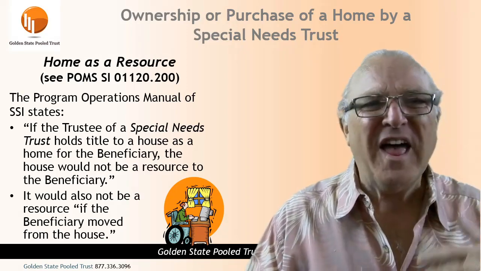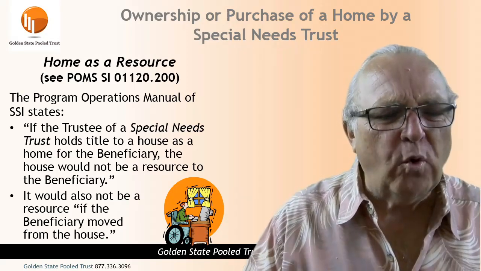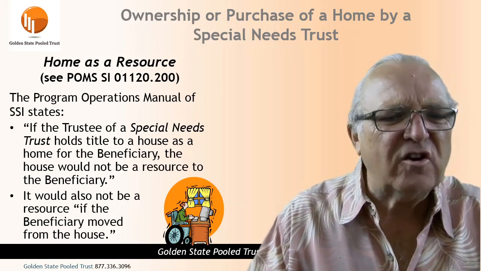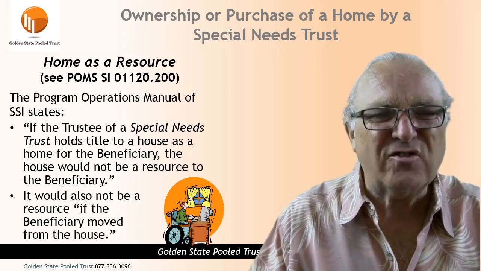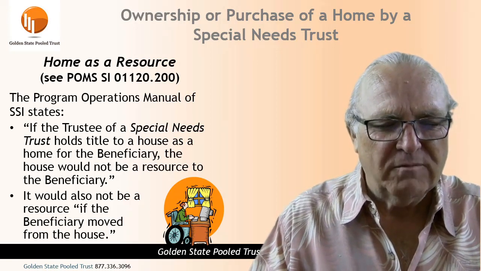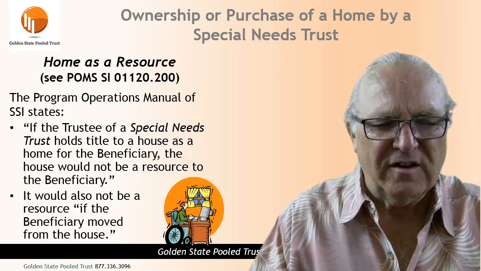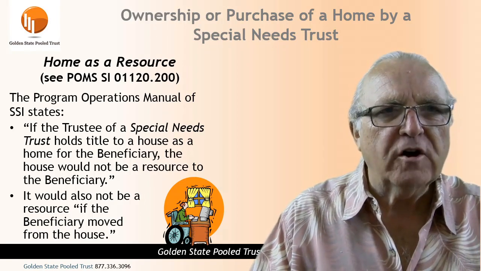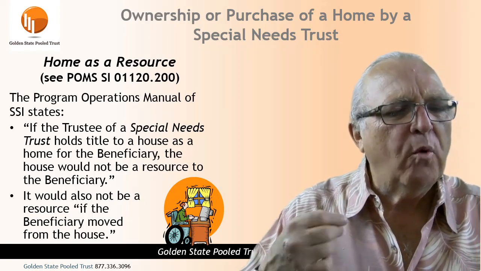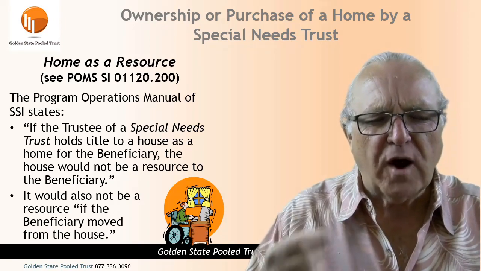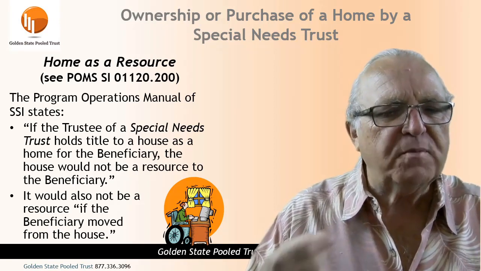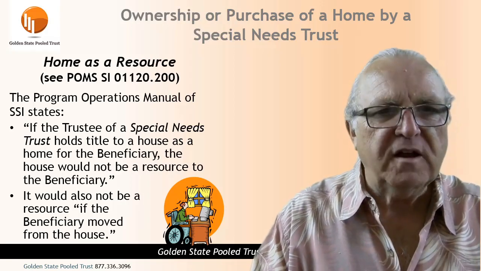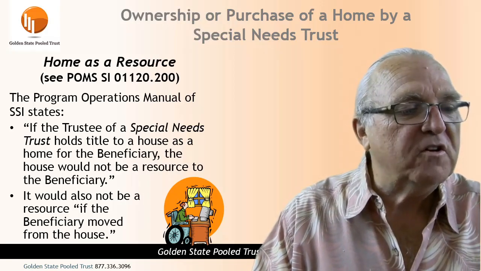If you can afford it, we have many folks who are purchasing houses and condos and putting those in special needs trusts to make sure that their loved one has a place to live. And what I want to show you is a way that you can put the property in a third-party special needs trust, and possibly avoid some of this ISM issue.